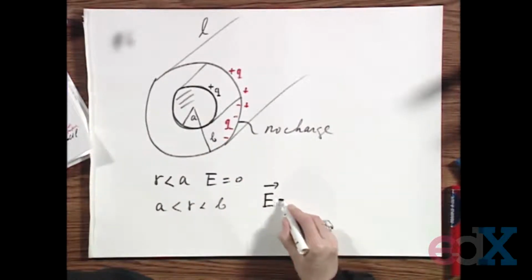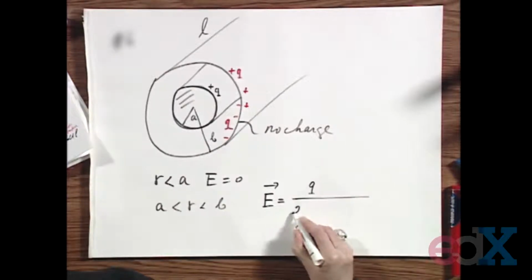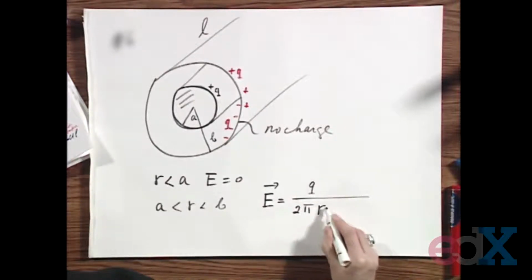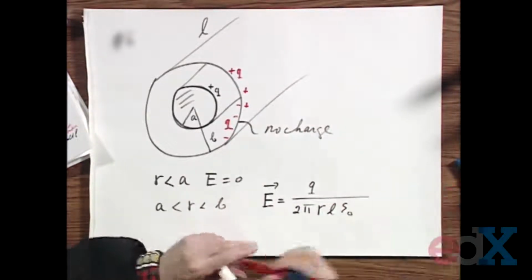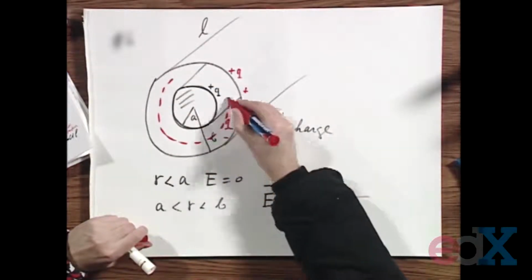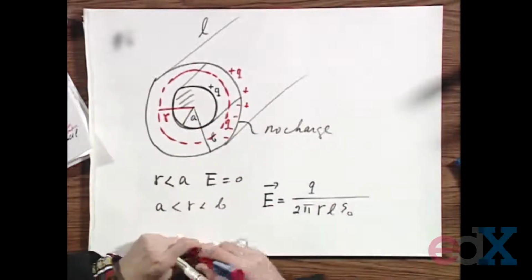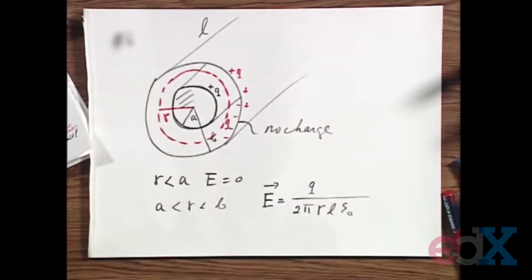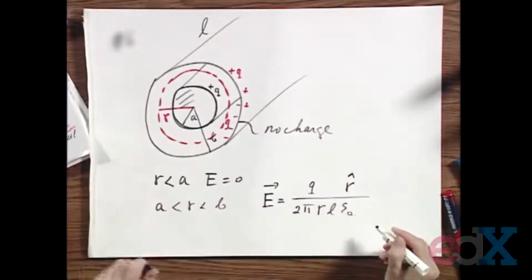We get E equals Q divided by 2 pi R L epsilon 0, if R is this distance. And it is pointing outwards, so I give it an R roof.